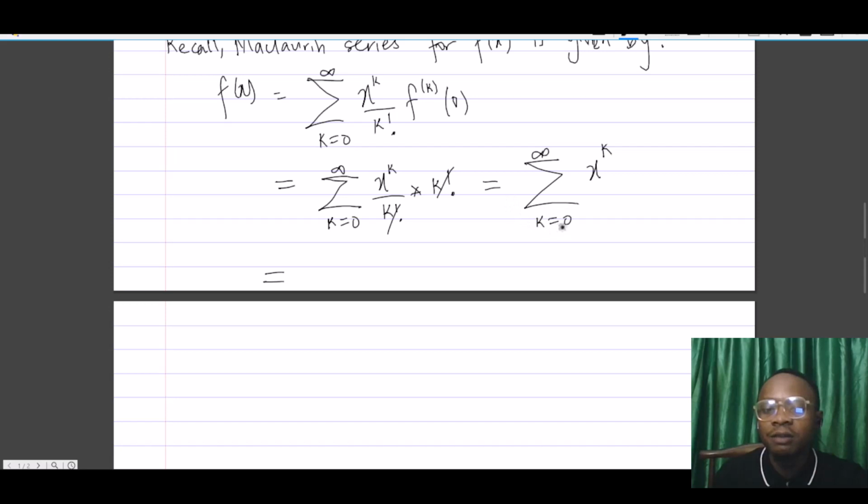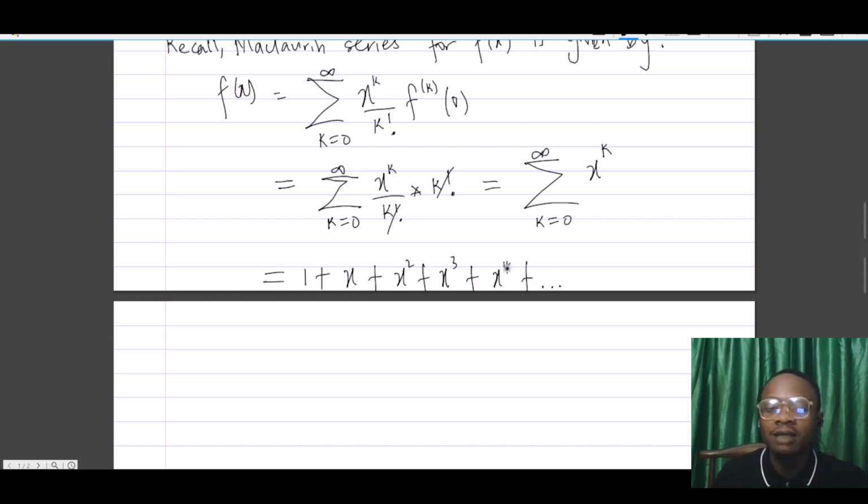So this says from k equals 0. When k equals 0, this is x to the power 0, which will be 1, plus when k is equal to 1, that will be x to the power 1, which is x, plus when k equal to 2, that will be x squared, plus when k equal to 3, that will be x to the power of 3, plus when k equal to 4, that will be x to the power of 4, plus and so on and so forth.